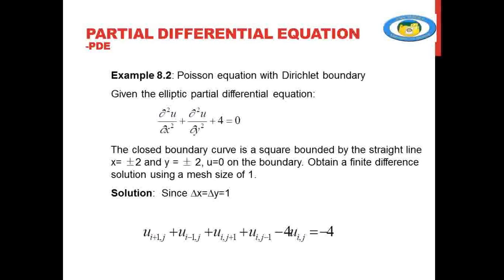Those are the values of x, and the values of y are similarly -2, -1, 0, 1, 2 at a mesh size of 1. Since delta x and delta y are the same, we can come up with the same set of equations as with the Laplacian, except that this time it is going to be equal to -4. So we are asked to obtain a finite difference solution. Obviously, in elliptic equations, there is no time.